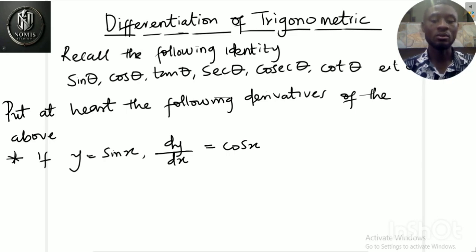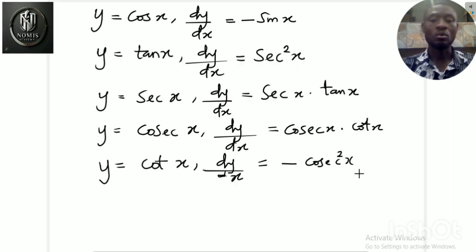Secondly, we have y equals cos x. When y is equal to cos x, dy/dx is equal to minus sine x. So when you differentiate cos x, you have minus sine x.